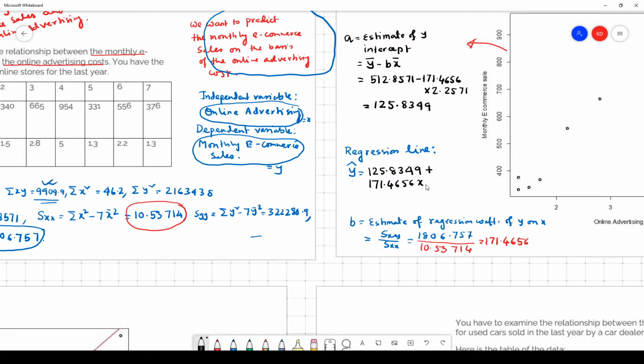Sxy by n is the covariance of xy. Variance of x is Sxx by n. Variance of y is Syy by n. Hence, if you put all these values, you see that r is nothing but Sxy by root over Sxx Syy. Okay.